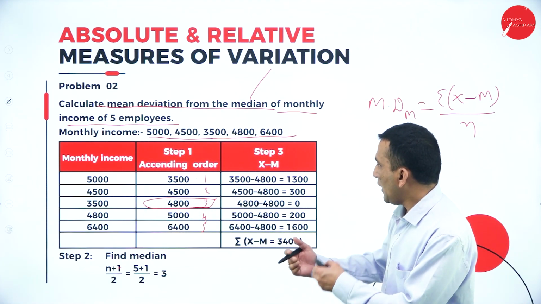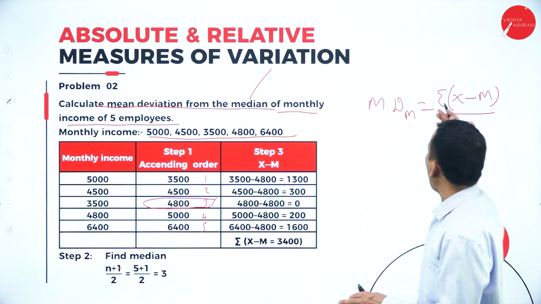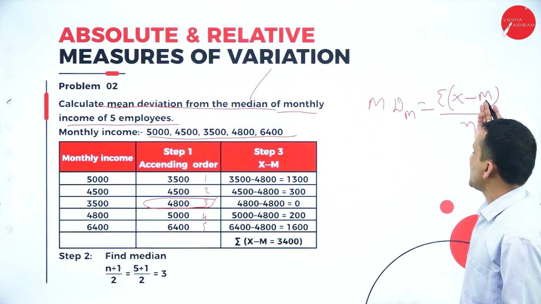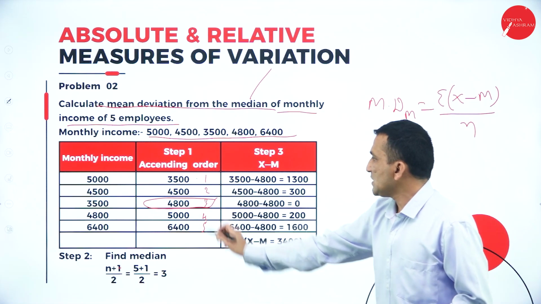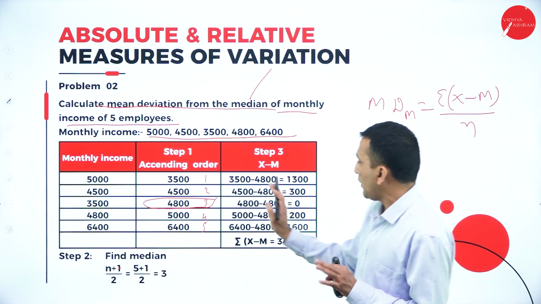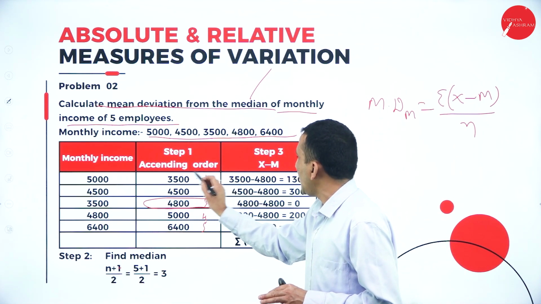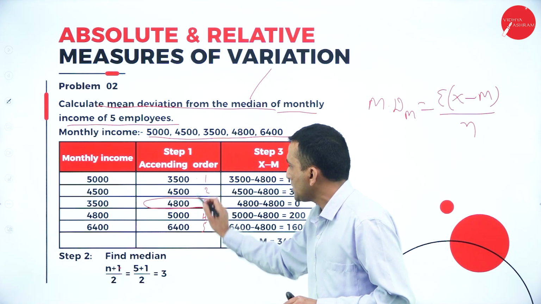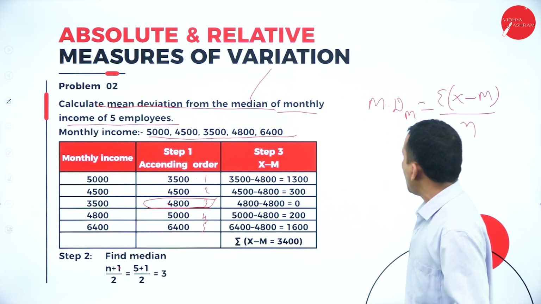After getting the median value, according to the formula we need to construct x minus the median. From the x series, which I am writing in ascending order, the median in third place is 4800.